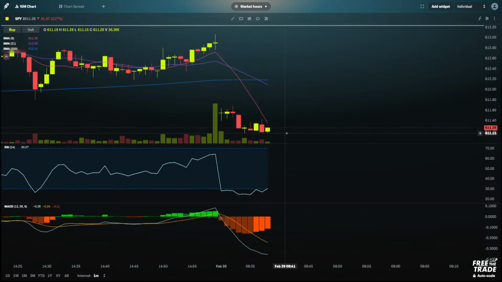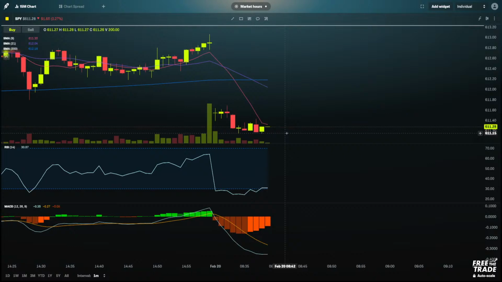I think we might. As you can see on the histogram on the MACD, we had our sell cycle, and now we're beginning to come out of this sell cycle. Once these two down here, which are the moving averages, cross, it'll indicate that we're entering into a buy cycle again, and we can expect that the price will continue to push up.